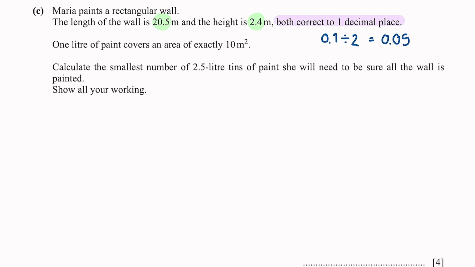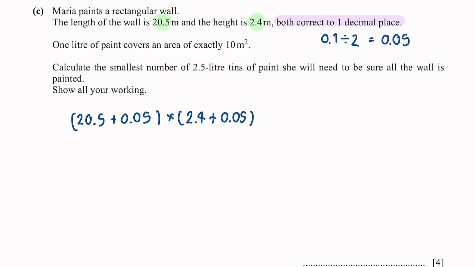Therefore, 20.5 plus 0.05, multiplied by 2.4 plus 0.05, and this is the upper bound area.